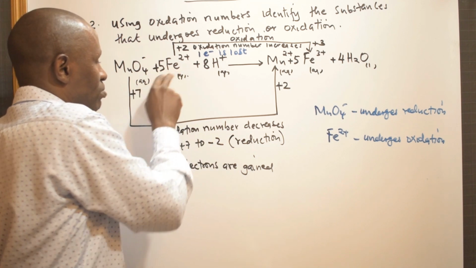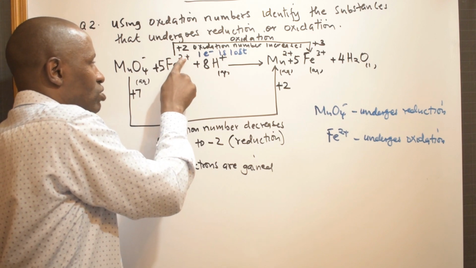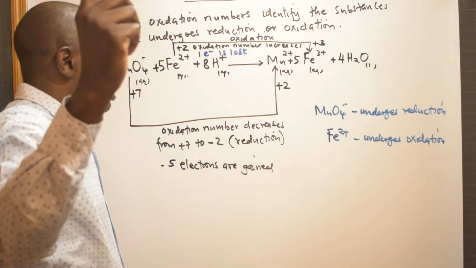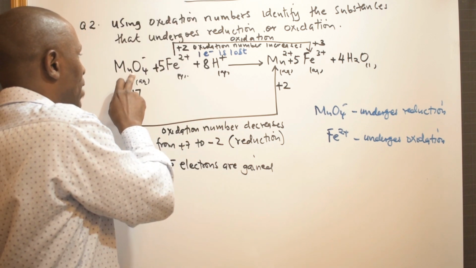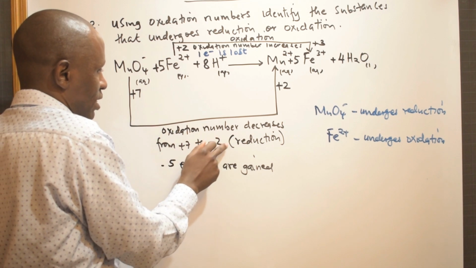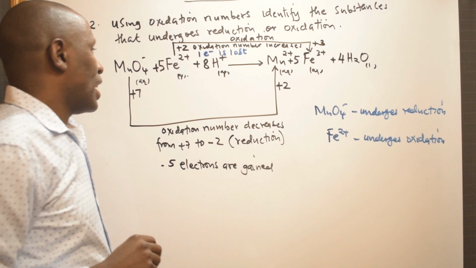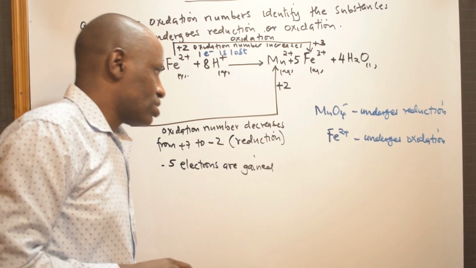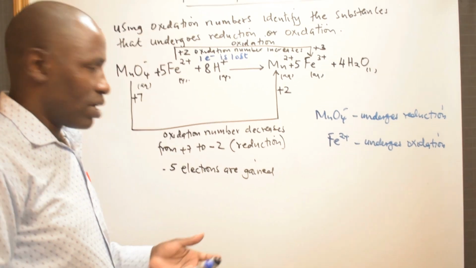That's why, when it comes to the balance, I require 5 iron(II) ions, each of these iron(II) ions releasing 1 electron, so that when they are 5, they release 5 electrons to the manganese ions. The manganese ions gain the 5 electrons and form manganese(II) ions. That's basically what we're talking about.